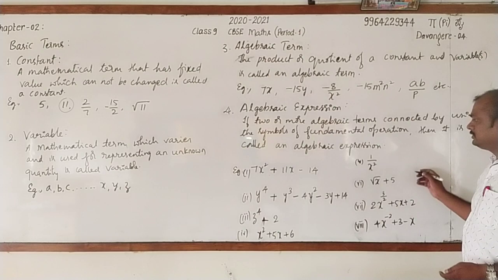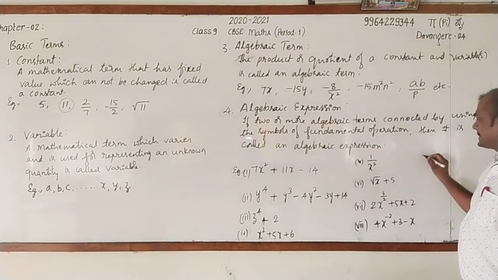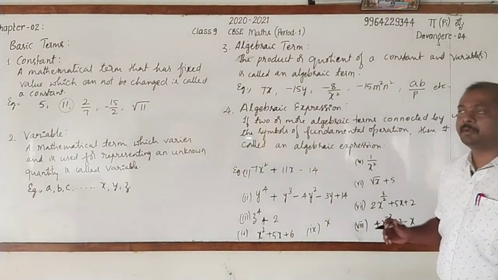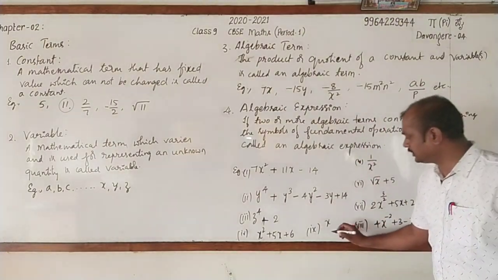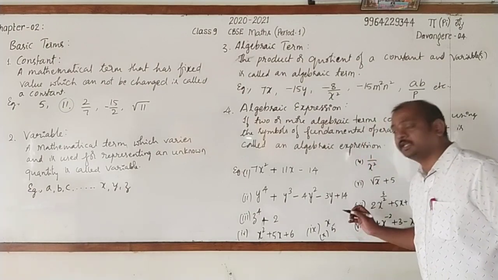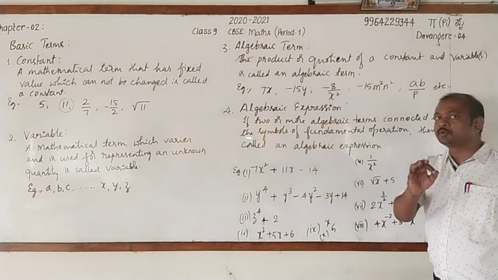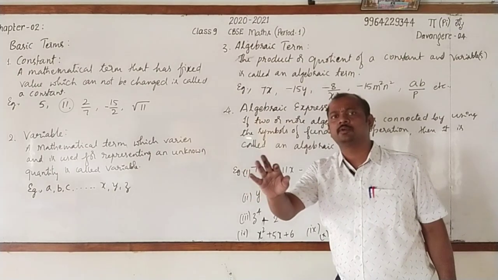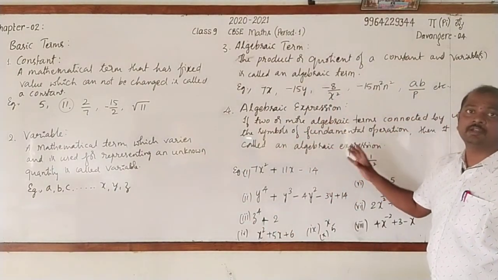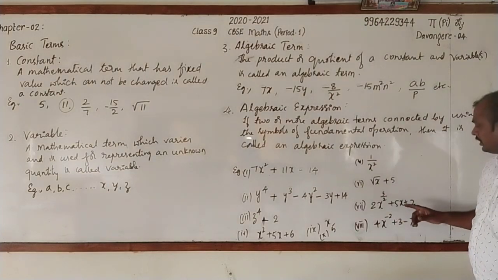Then you may even take a variable as an algebraic expression, and a constant as an algebraic expression. Please do remember, all variables, all constants and all algebraic terms are algebraic expressions.